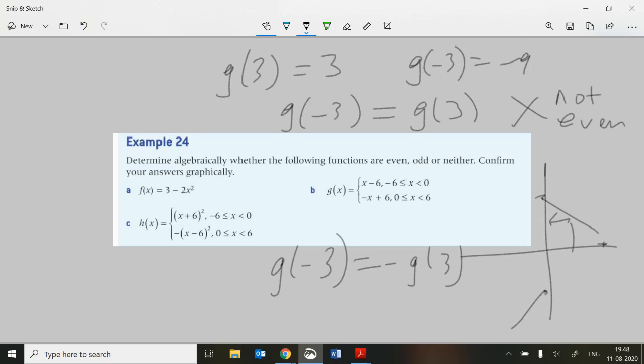Well, again, no, you're not, because in that case, g of minus 3 was minus 9, and g of 3 was 3. So that's not working as well. That's not true. So this is not an odd function. So you can do this through counterexamples as well, because you only need one value to not work, for it to not be an even function, or for it to not be an odd function.